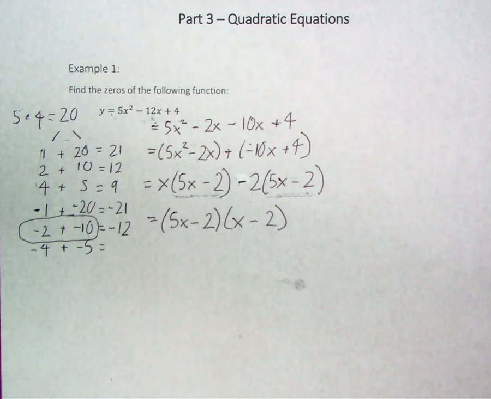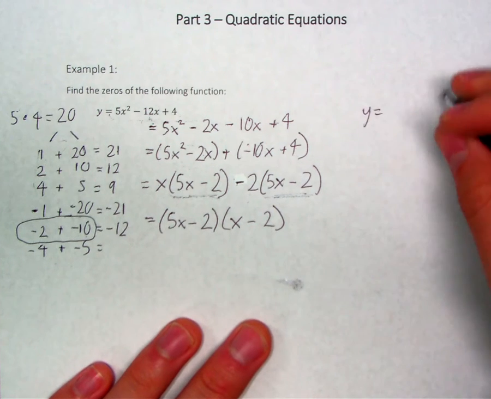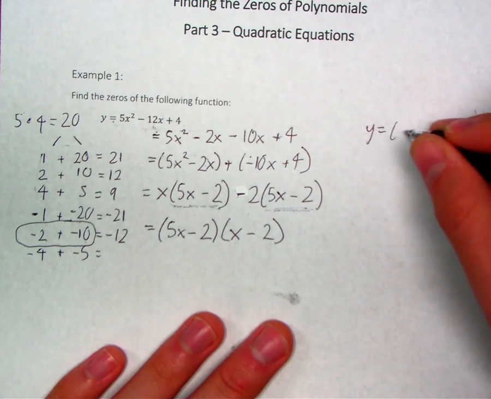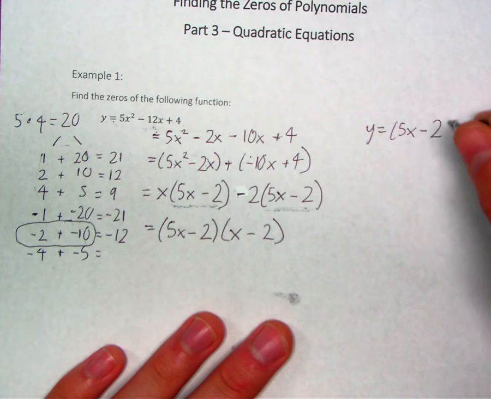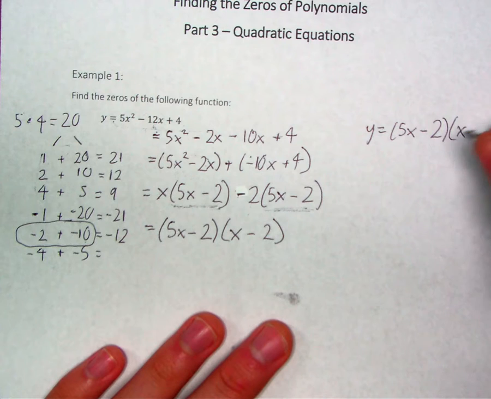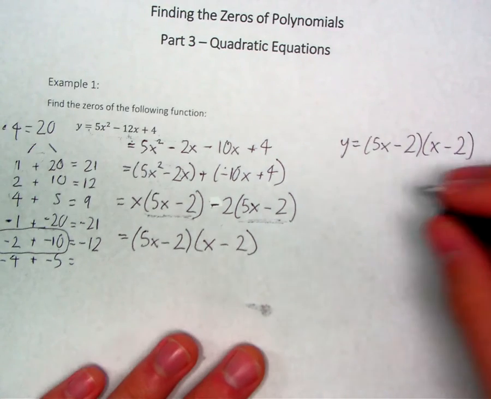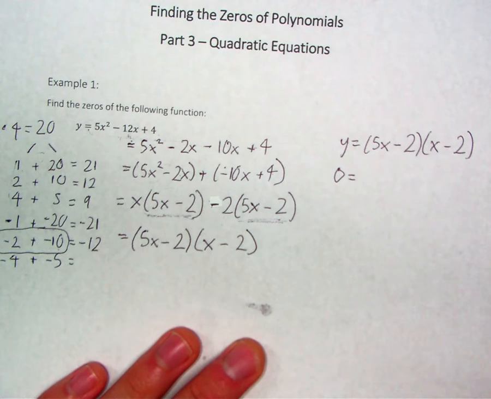Okay, so now that I've found my factors, I've figured out a way to write my equation not as a quadratic function anymore, but as a product, a multiplication of two linear functions. Now it's really easy for me to find my zeros. Remember, a zero is the x value when y is equal to 0.